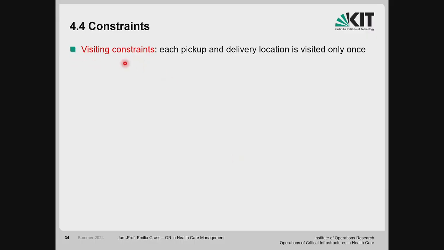Are these visiting constraints, so that each pickup and delivery location is visited only once, also covered by the static version of the DARP, the dial-a-ride problem from last time? Maybe you remember? Nodding or shaking your head is also fine.